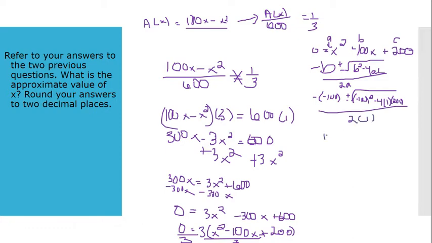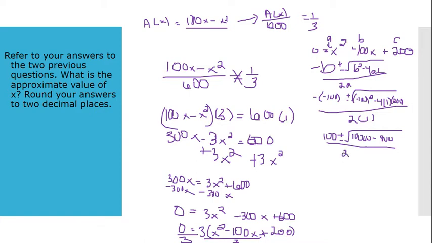So negative negative 100 gives me a positive 100 plus or minus the square root. Negative 100 squared gives me 10,000, and 4 times 1 times 200 is 800, all over 2.